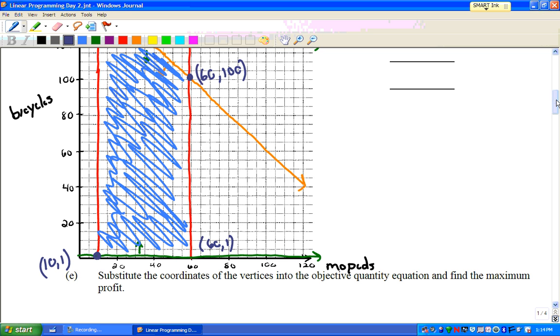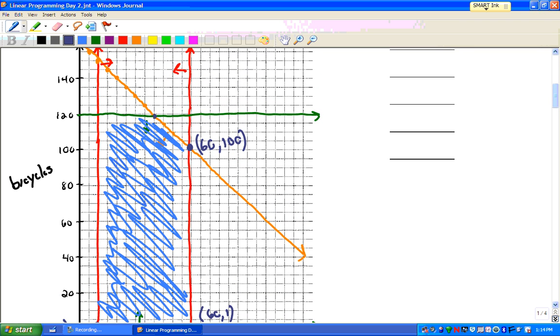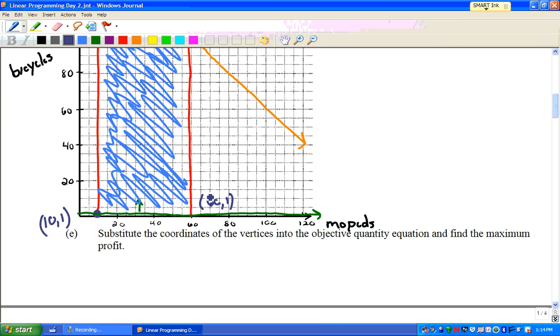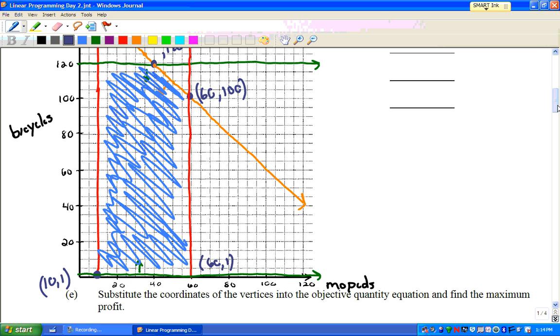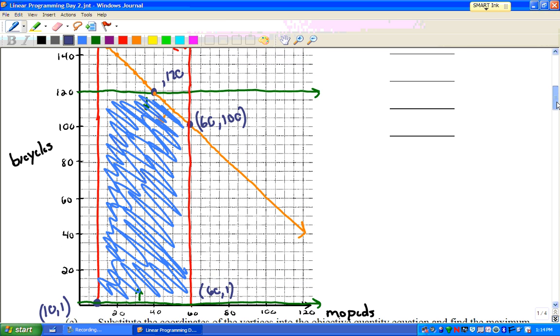This one right here, we know that my y value is 120. Let's go down and find out what x is. So x, I believe, is 40 for that one. We come straight down. Yep, we got 40 for that one. So we got 40, 120. And then this is another vertex right here. I got 10, comma 120.